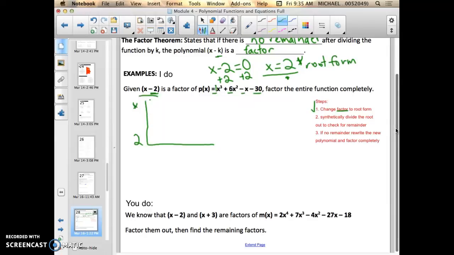It's not written, but I know that it's 1. The next one is a positive 6. Please keep in mind what the powers are doing. It's x cubed, and it goes to x squared, so there's no skipping, and I don't need a placeholder of 0 for a missing power. From 6x squared it goes down to the linear x, from the power of 2 to the power of 1, so again I don't need a placeholder. And then finally, negative 30.